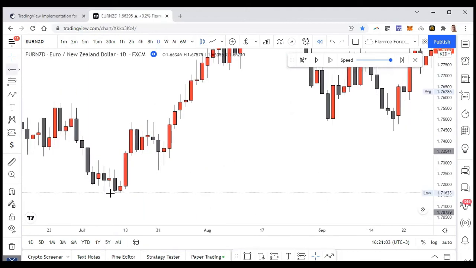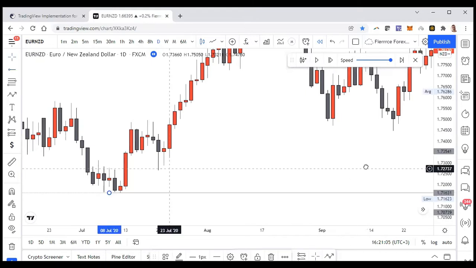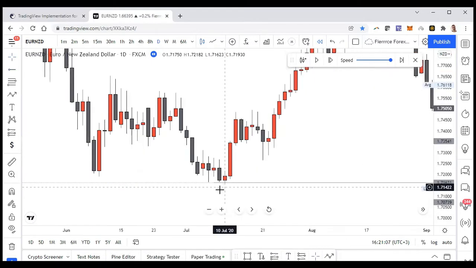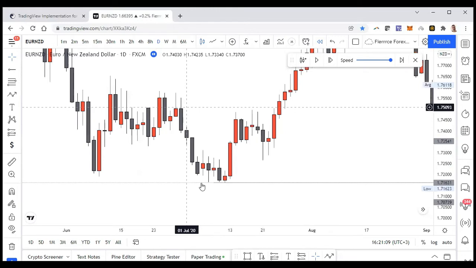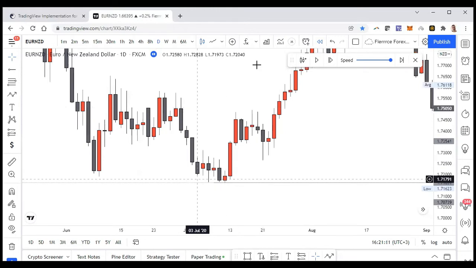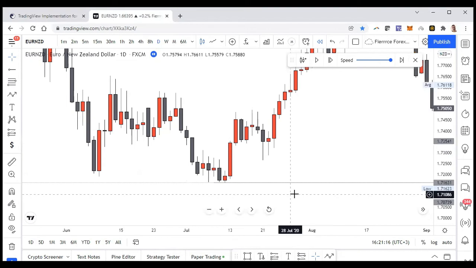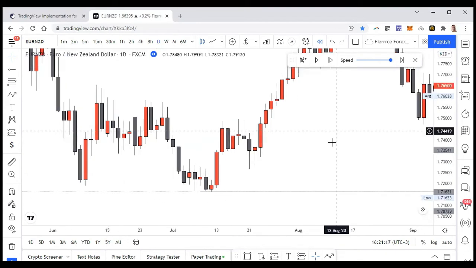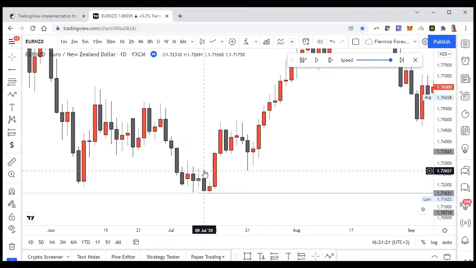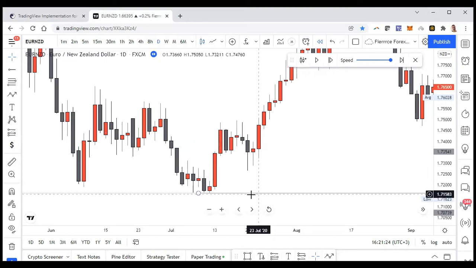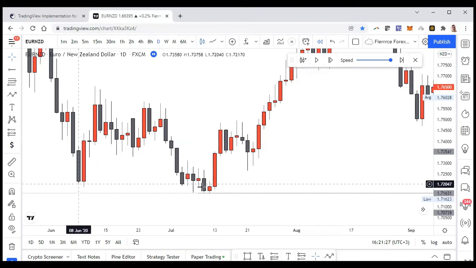So price shifted lower and then stopped pushing down and then pushed up. Now, in retail language, you'd call this a support. But what I want you guys to begin to think about is this is actually not a support per se.